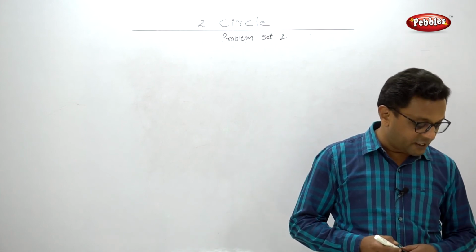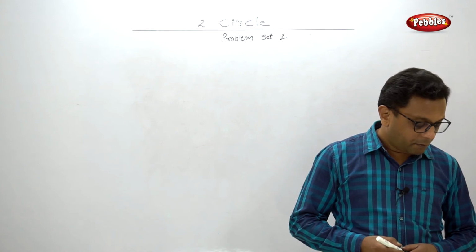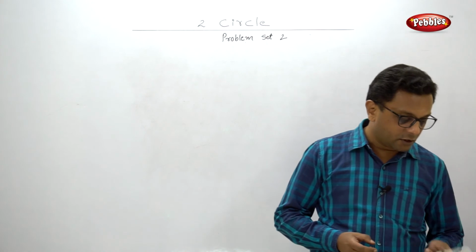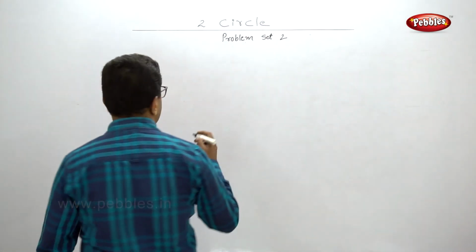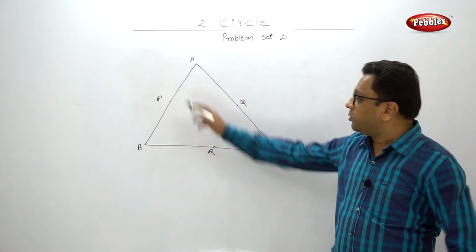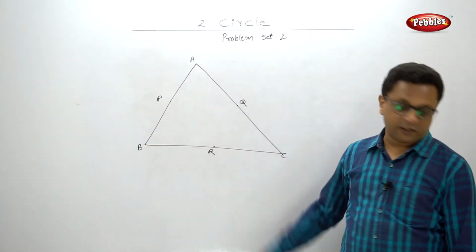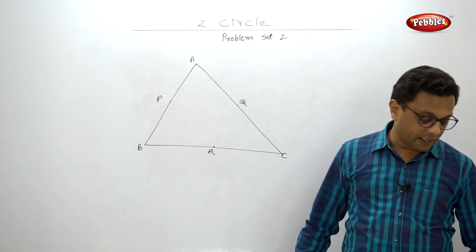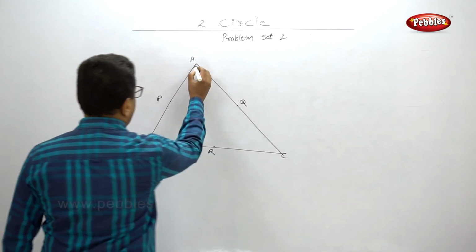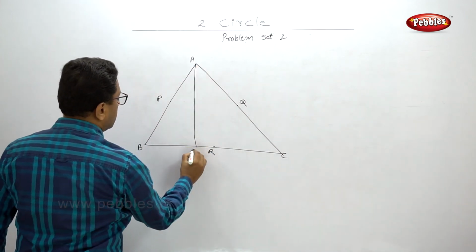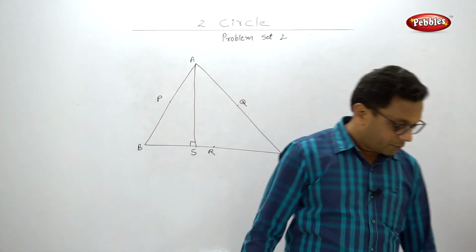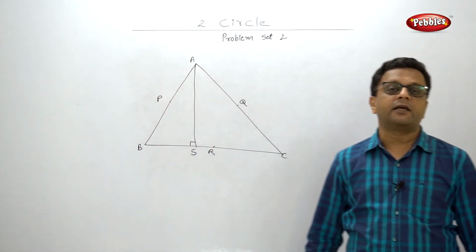In triangle ABC, P, Q and R are the midpoints of sides AB, AC and BC. So first of all, let us draw triangle ABC. In triangle ABC, P, Q, R are the midpoints of the sides respectively, and AS is perpendicular to BC. Prove that PQRS is a cyclic quadrilateral.